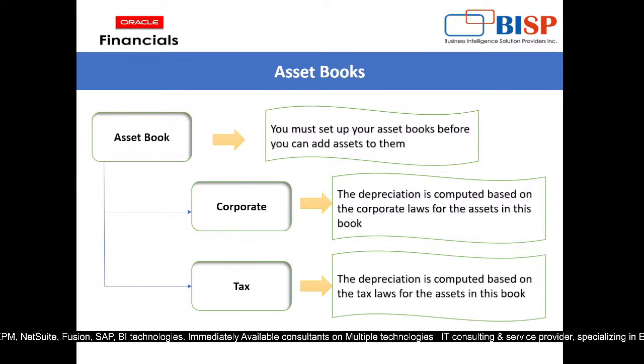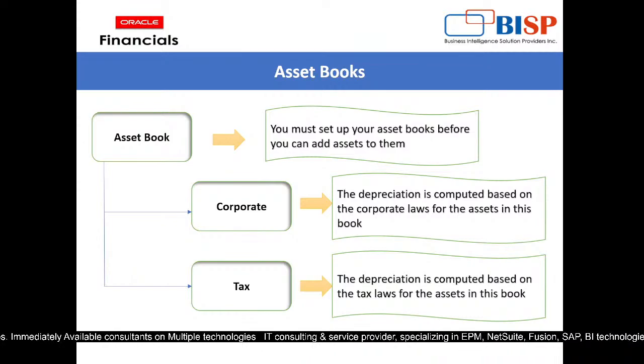A tax book can have different calendars from its associated corporate book. The calendar for the tax book can use the same fiscal year or a different fiscal year as the calendar for its associated corporate book. You can also set tax rules to control what transactions need to be copied from the corporate book to the tax book.